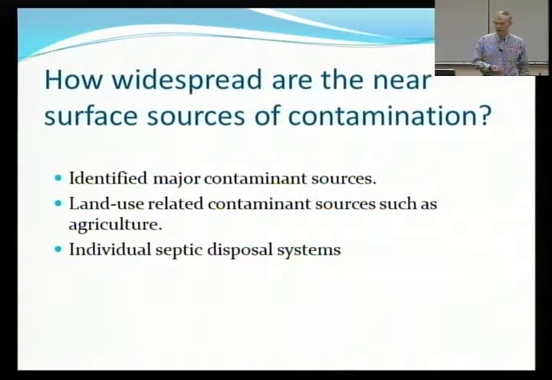A second might be land use related contaminant sources, and the most typical one of these is agriculture, covering a broader area, and certainly individual septic disposal systems. And realize, of course, that most of the domestic wells drilled in Idaho are coupled with an individual septic disposal system.